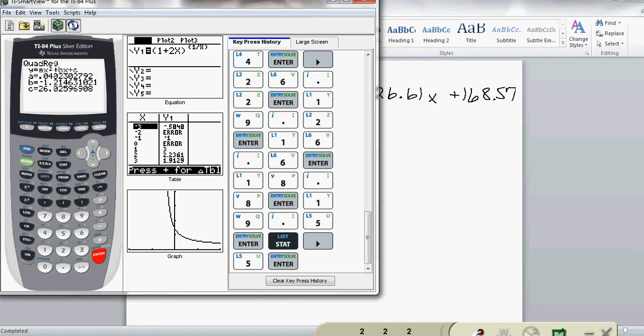But then it says what year corresponds to the time when Americans had the least time to spend on leisure. And so what we would do is we'd put this in for y equals, we'd put y equals 0.04x squared minus 1.21x plus 26.03, and then we would find the minimum, which I'm running out of time.